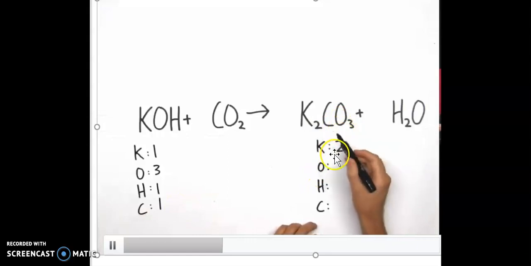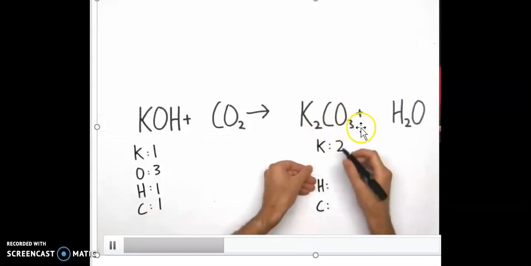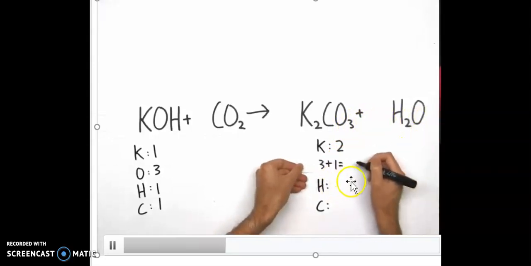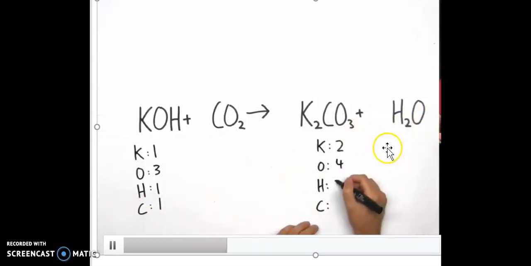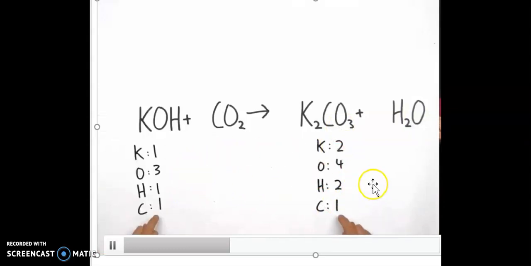In the product side, there are 2 moles of potassium, and for oxygen, 3 moles plus 1 mole, that's equal to 4 moles of oxygen in the product side. For hydrogen, there are 2 moles and carbon 1 mole. So this is very clear, very unbalanced, no? So this is an unbalanced chemical equation.